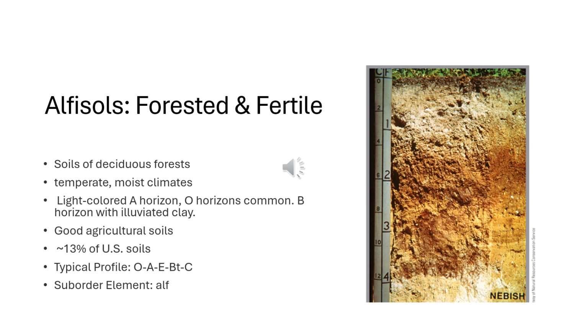Common profile, you've got your organic layer, the topsoil A, E for eluviation, that leaching, B with that sub-horizon t, that's standing for accumulation of silicate clays. Not something that I particularly need you to memorize, but just to let you know. On this slide, the picture that you see is the Nebish series, which is a typical type of alfisol.